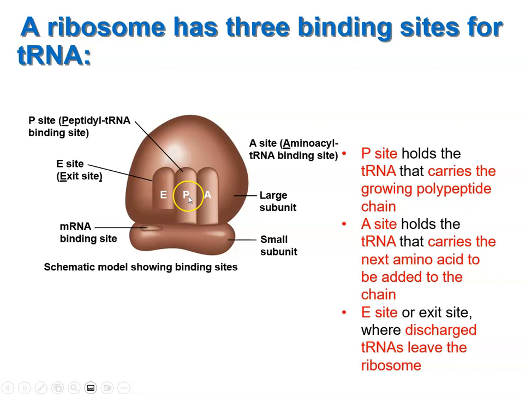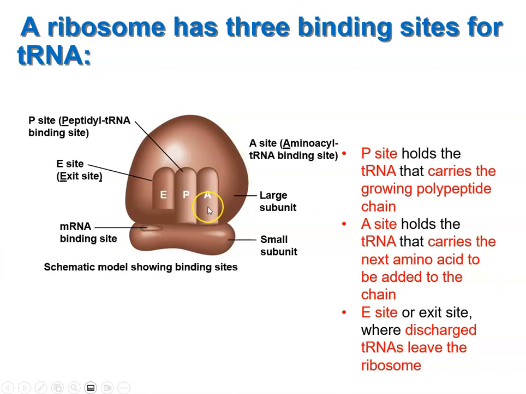The P site in the middle is the site that holds the transfer RNA carrying the growing polypeptide chain. I remember it as P for polypeptide. That's where the growing polypeptide will be. The A site holds the tRNA that carries the next amino acid to the growing chain. It's like the one in the holding pen waiting to be added.